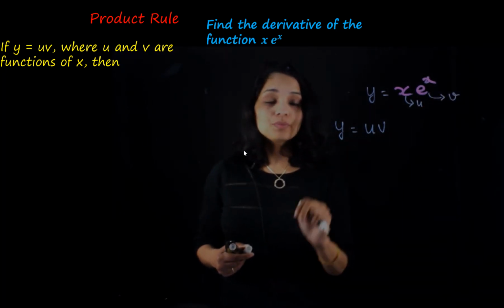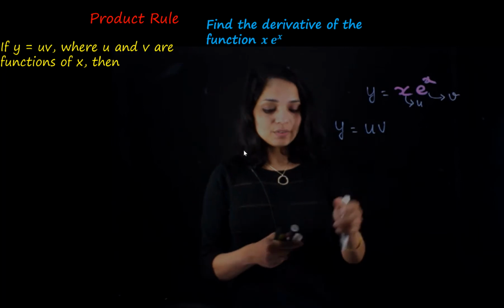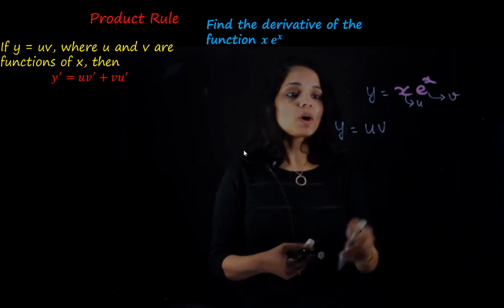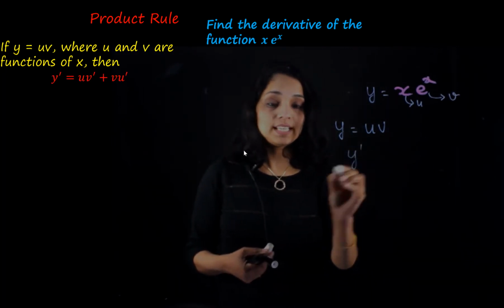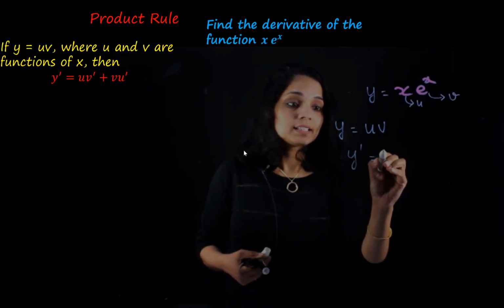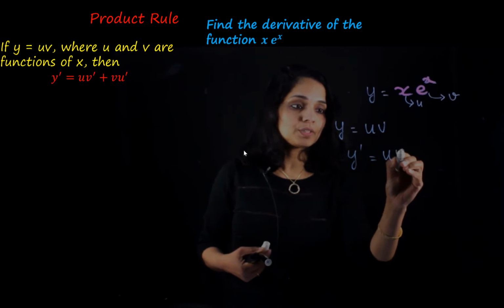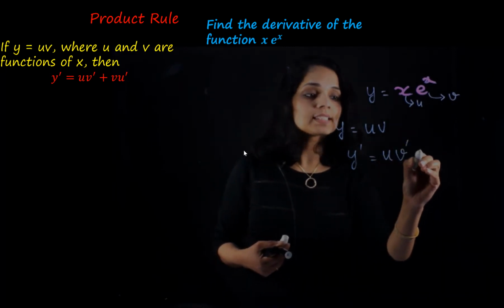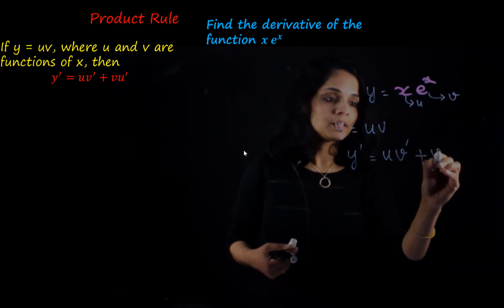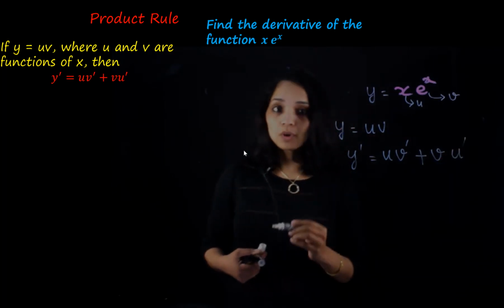If the function is of that form, the derivative y dash, dy on dx, equals u, the first term, times the derivative of the second term, plus the second term times the derivative of the first term.